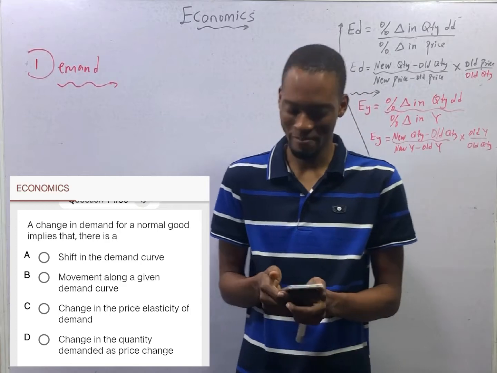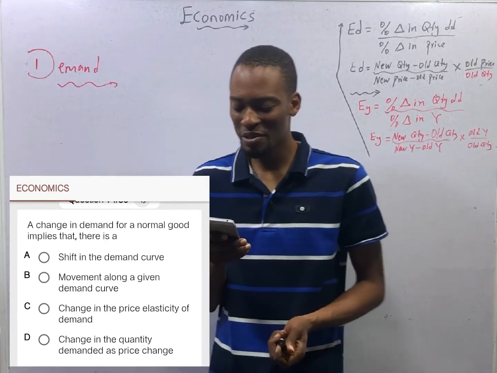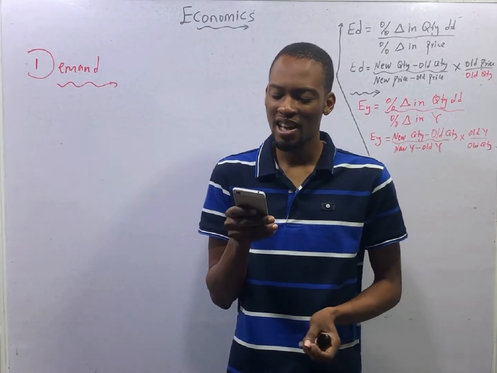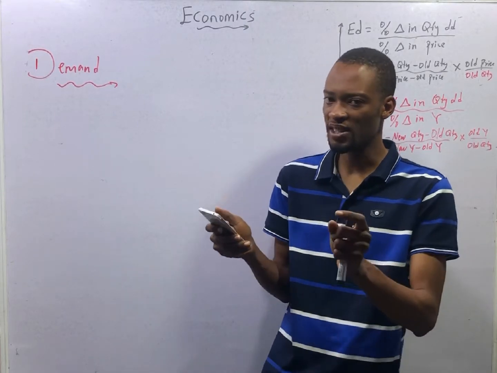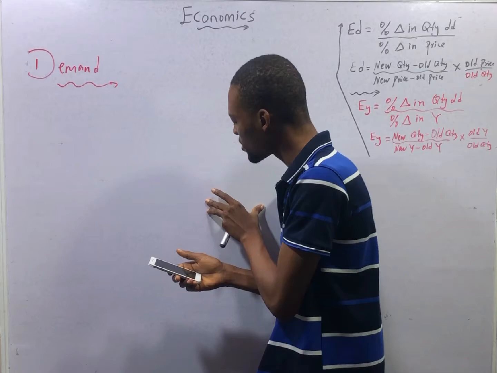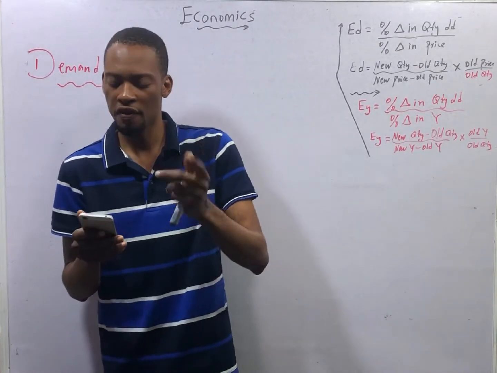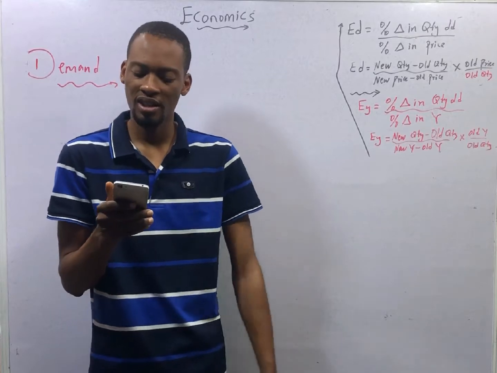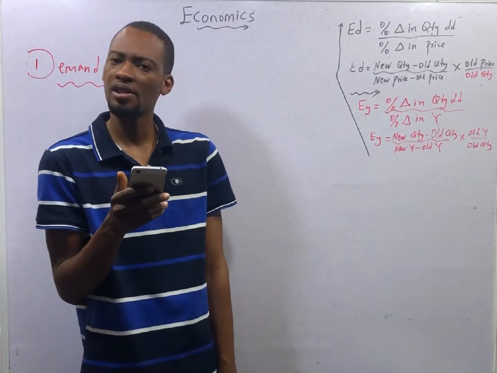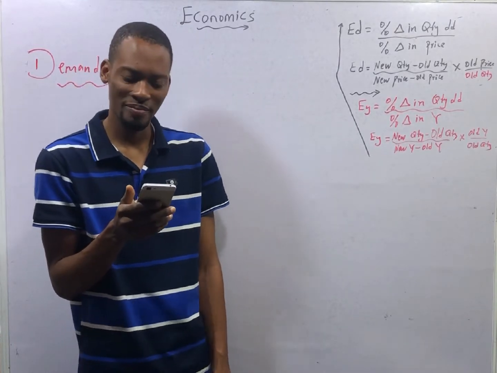Straight up, no time. And in the next question, it says that a fall in the price of ostentatious goods will dash. Now listen to the options carefully. A. Increase the quantity demanded.